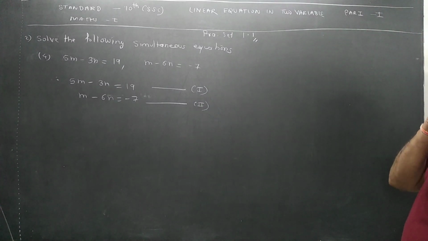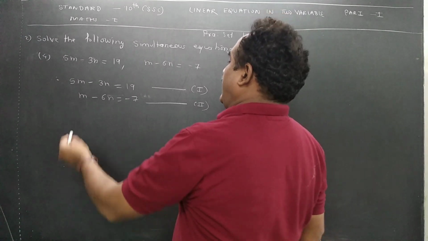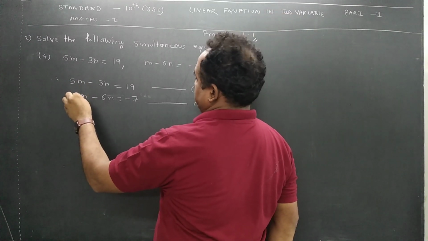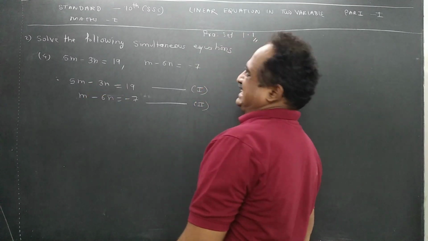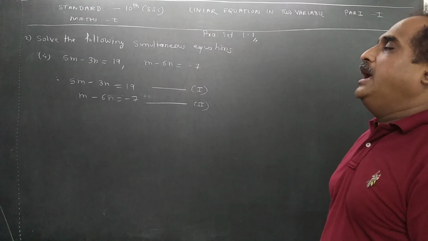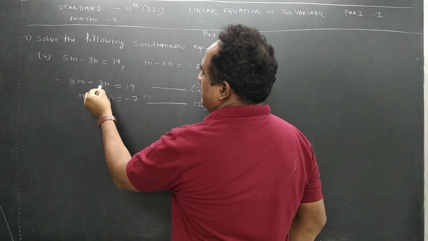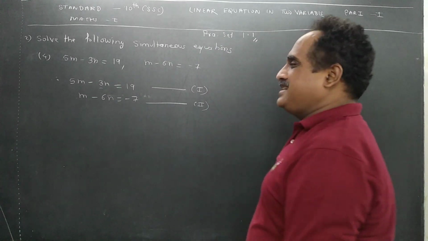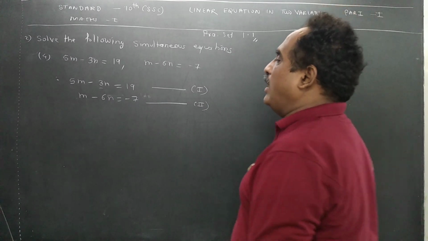Now in these equations, the coefficient of m is 5m and 1m, and of n it is 3n and 6n. Are we going to make the coefficient of m the same or of n? It is 6, no? If I multiply 3 by 2, I'll get 6. So there is no need to multiply by 6 only. So I will do one thing.